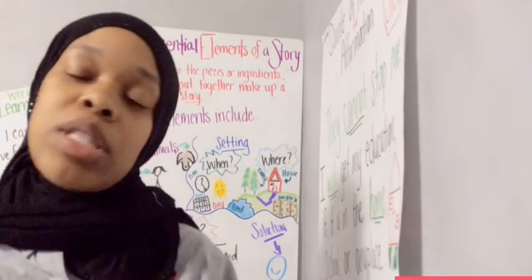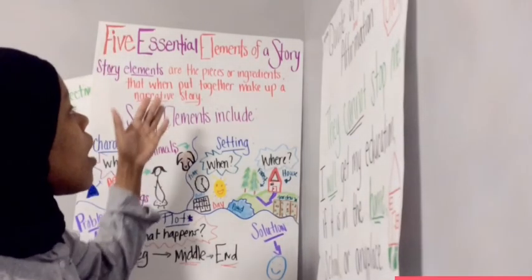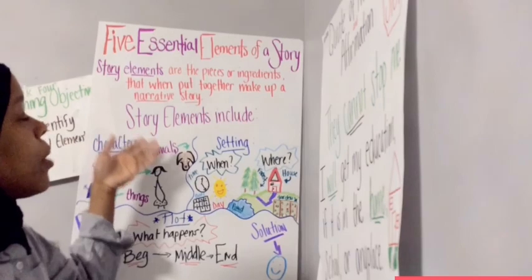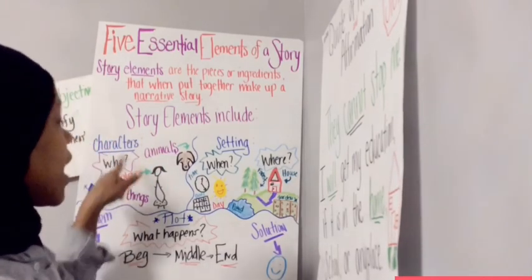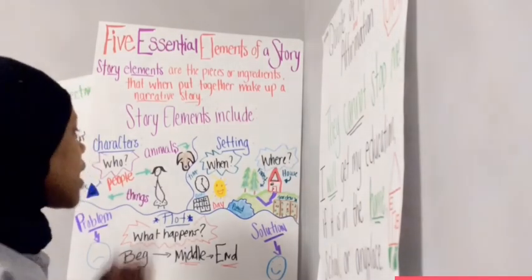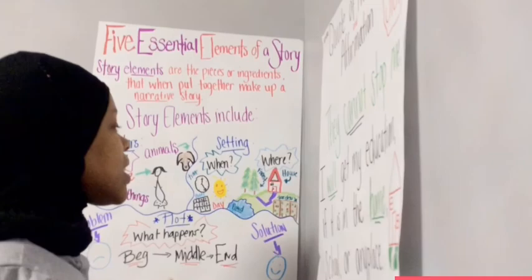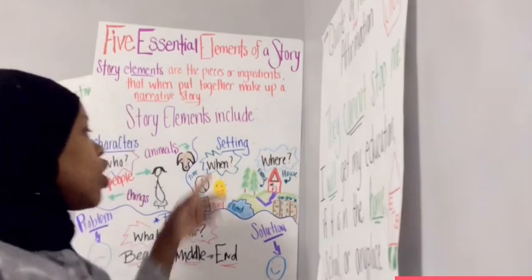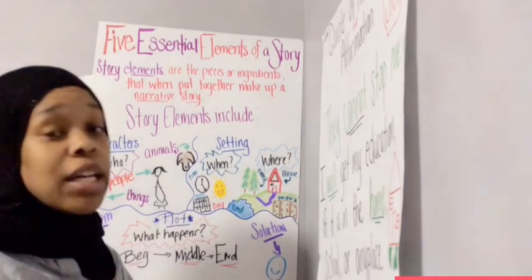Let's get into what those things mean right now. Story elements are the pieces or ingredients that, when put together, make up a narrative story. Story elements include characters. Who are the characters? They could be animals, they could be people, or they could be things. Your setting includes when and where. When is the time? Is it daytime? The date? It could be nighttime.